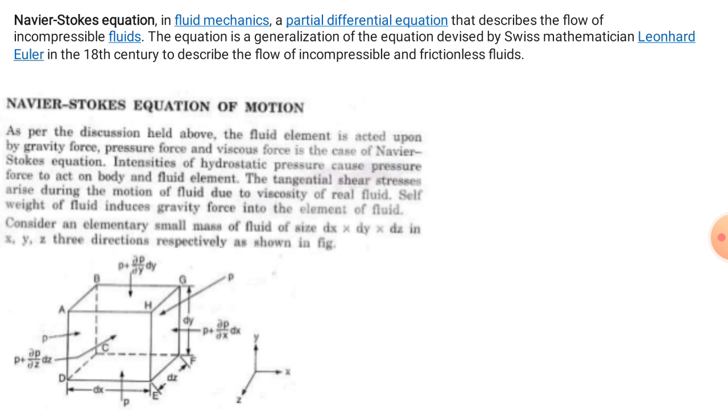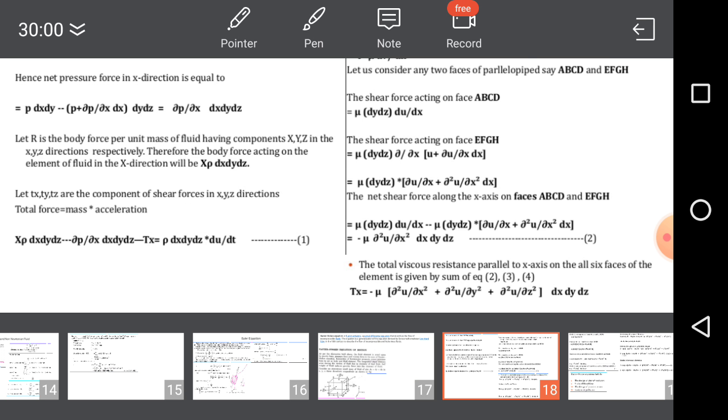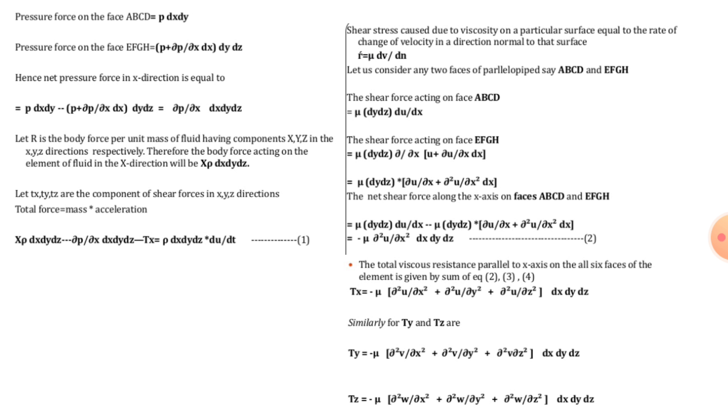Consider an elementary small mass of fluid of size dx, dy, dz in the x, y and z directions respectively, as shown in the figure. The pressure force on the face ABCD is equal to P dy dz. The pressure force on the face EFGH is (P + ∂P/∂x dx) dy dz.